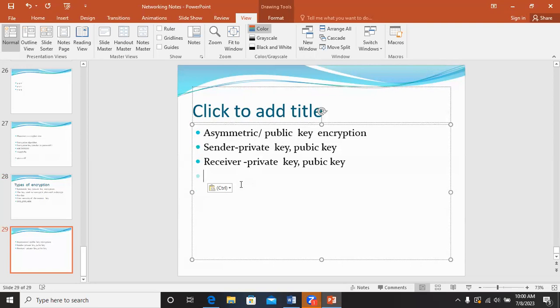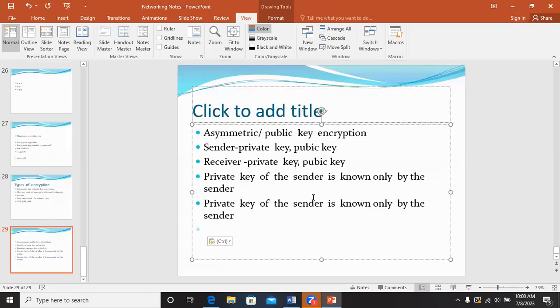Now take notes. Private key of the sender is known only to the sender. That's why it's private, right? So you don't share it. The same thing, private key of the receiver. These are very important.